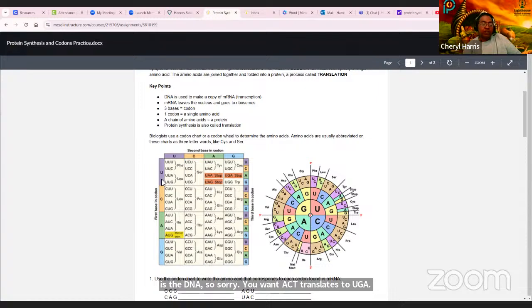It translates to UGA. So I have U, G, and A. UGA is a stop codon. So you want to just say stop on that first one. So ACT should code to UGA, and UGA is a stop codon, which means it's going to stop making that particular protein.